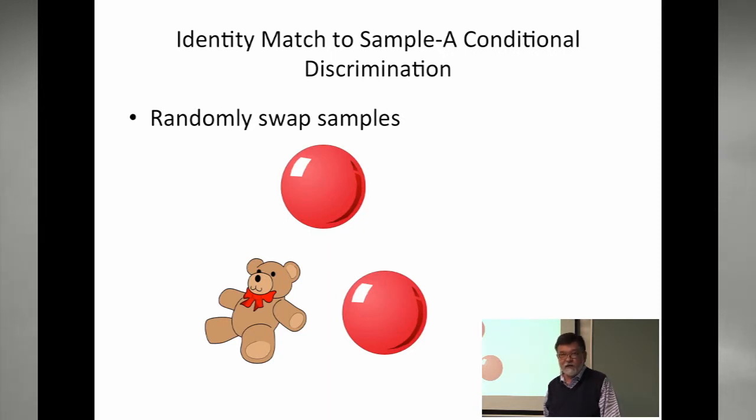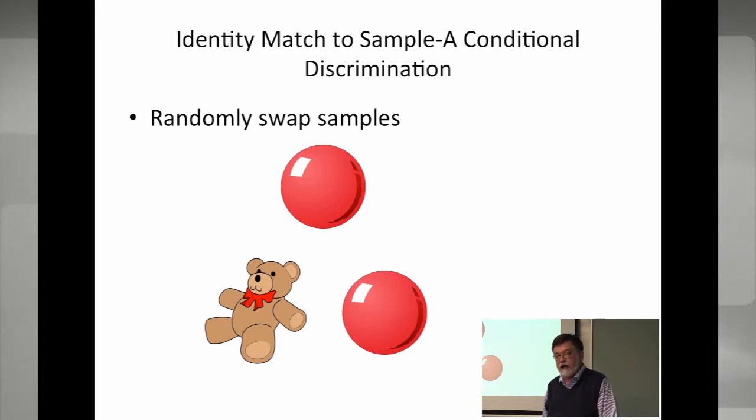The next 2 slides depict what would happen in a conditional discrimination. On the first teaching opportunity, I have 2 choices available for the learner, the teddy bear and the ball. Right above the teddy bear and the ball, there's a duplicate ball. This is often referred to in the literature as identity matching to sample.